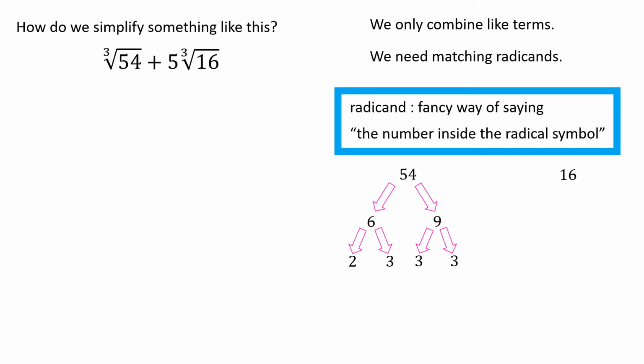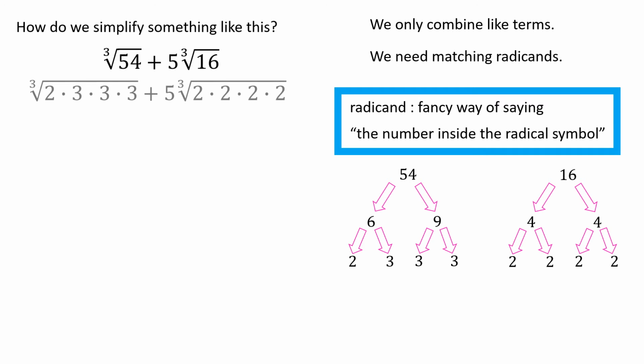16 is inside the other radical symbol. I can start with 4 times 4, or I could have started with 2 times 8. Since 4 is not a prime number, it's composite, I can break that down into 2 times 2. And so I keep going with the factor trees till all I have are prime numbers.